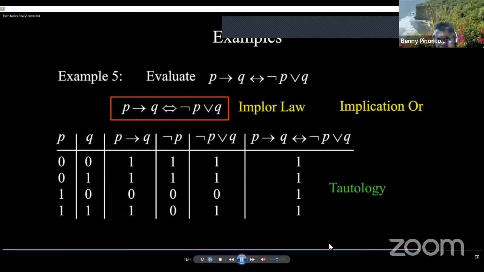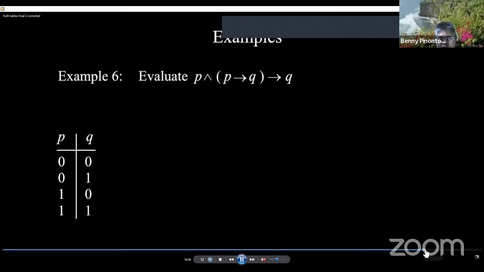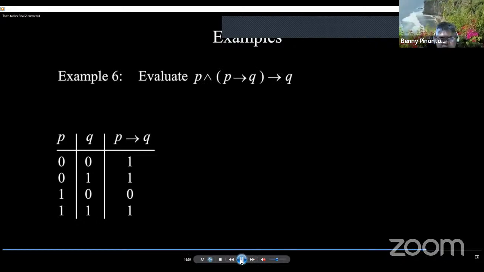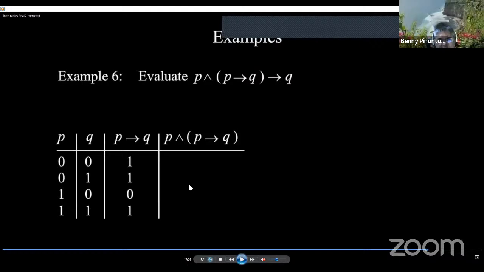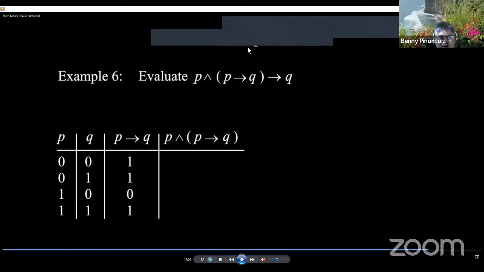And there are some. So this is another one. Okay, so here it is the same. So it is just implication, and then now you do the first one. So the first side of the implication here. So this implication, this one is that one.